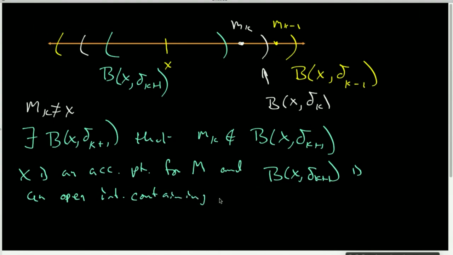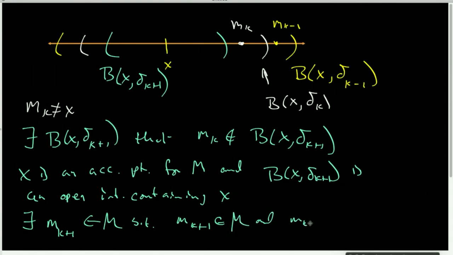And because it's an open interval containing x, there exists an M, and I'm going to call it M_{k+1}, such that M_{k+1} belongs to M, and M_{k+1} belongs to my smallest delta ball, and M_{k+1} is not equal to x. So it's somewhere in here.